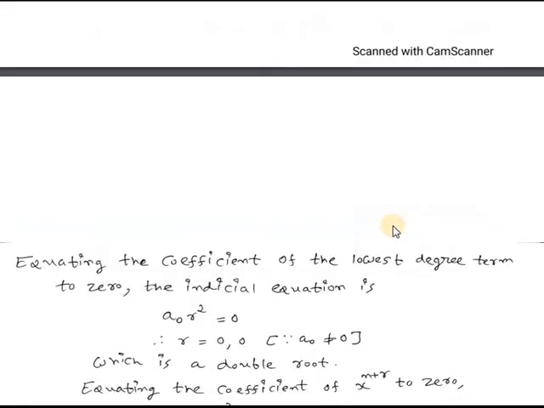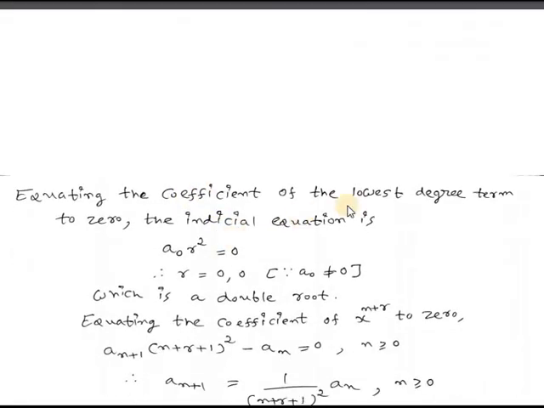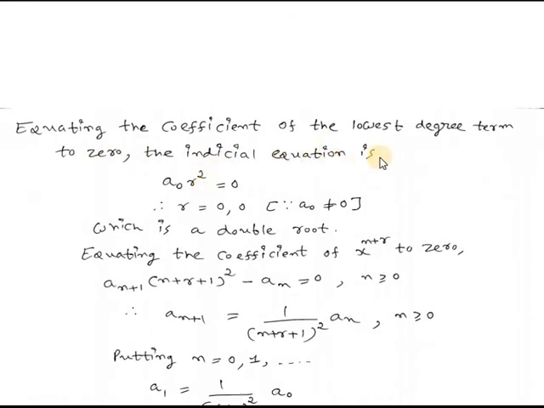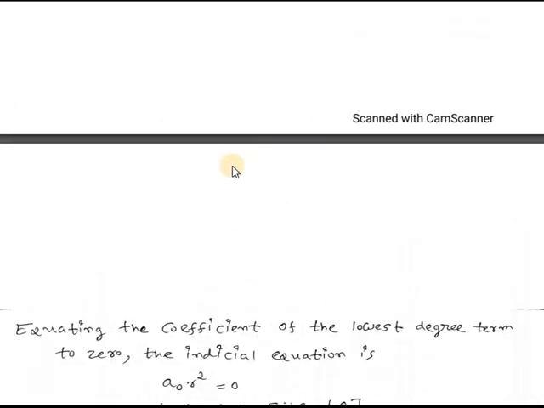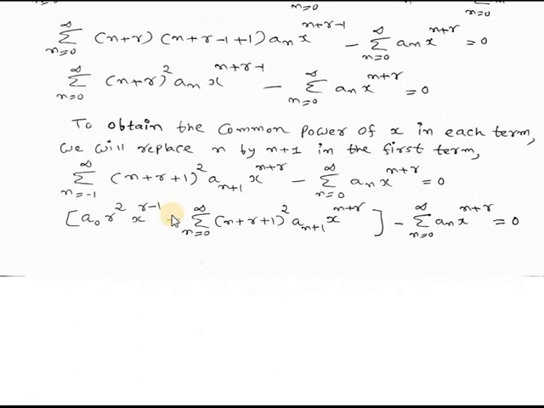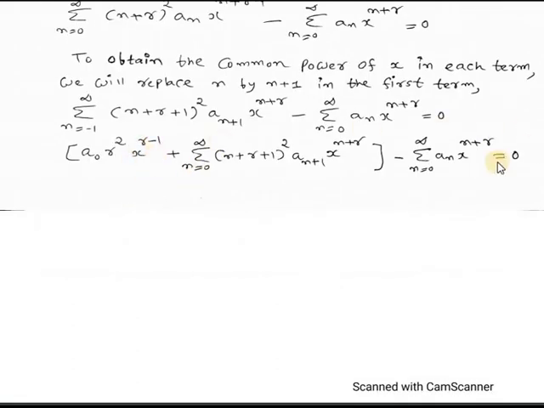Now equating the coefficient of the lowest degree term to 0. Because if we have to find the initial equation, for that we have to equate the coefficient of the lowest degree term to 0, because the right hand side of the equation is 0. So here the lowest degree term is this, so we will equate this coefficient equal to 0.